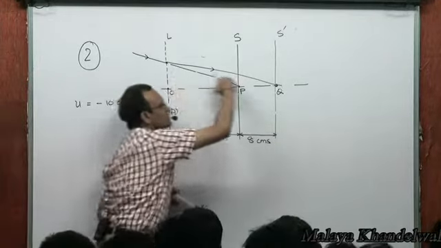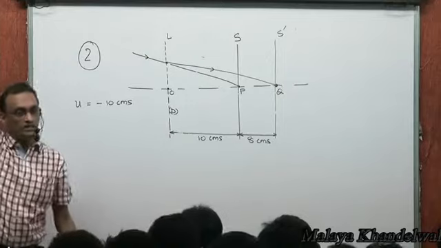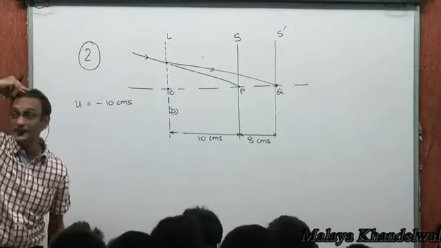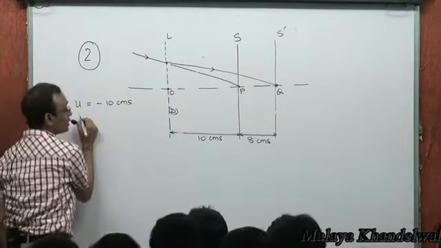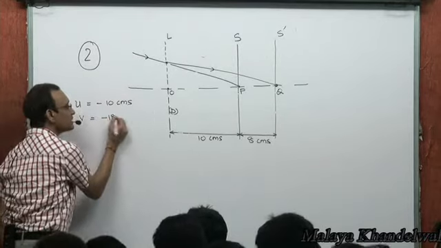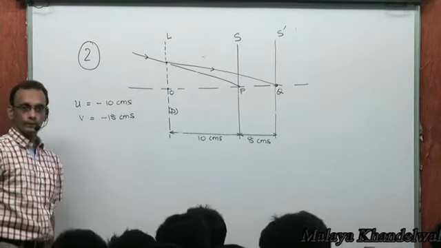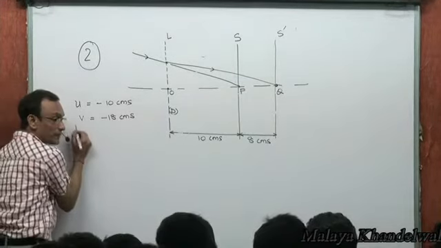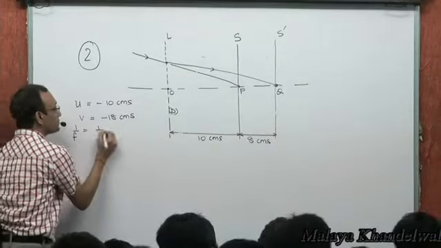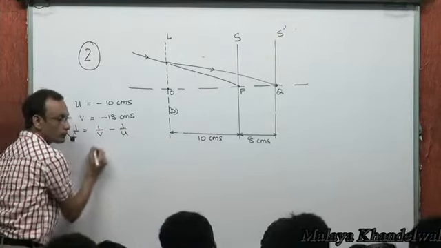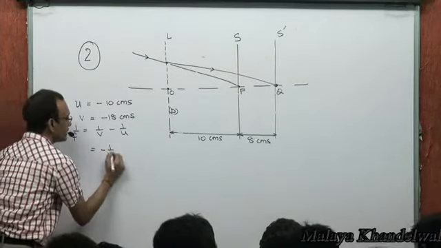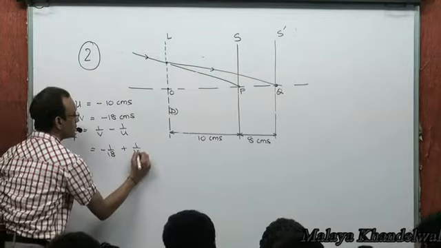From the lens, distance measured in the same direction as the incident ray, negative, u as minus 10 centimeters, right? And what is v? Minus 18 centimeters. So 1 by f is going to be 1 by v minus 1 by u, which is minus 1 by 18 plus 1 by 10.